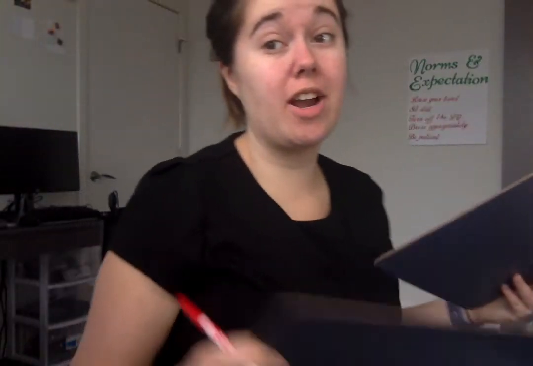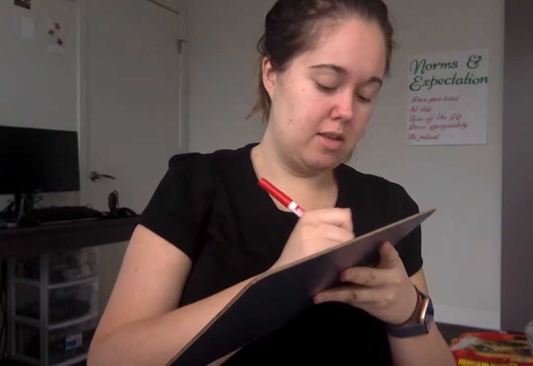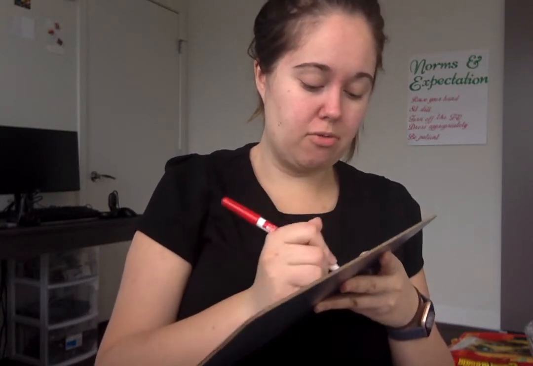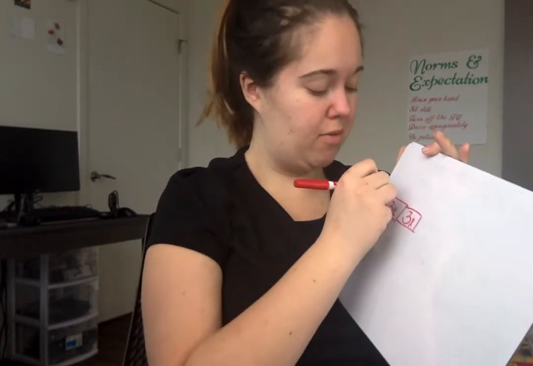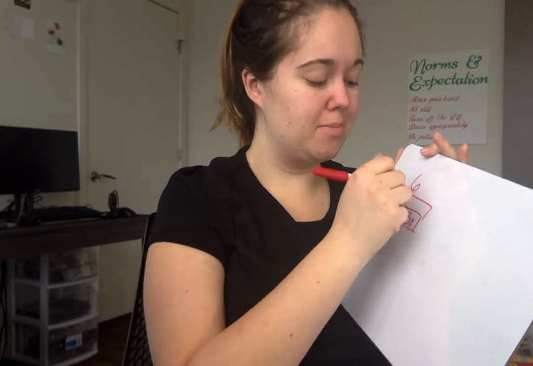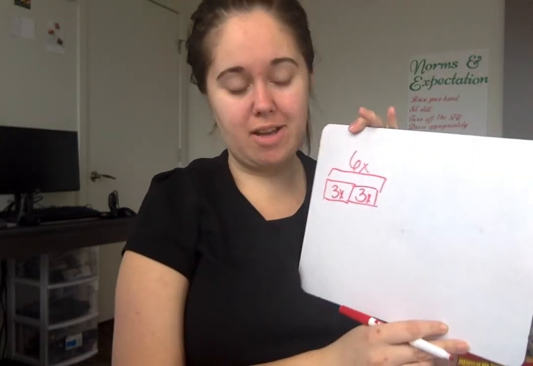Yep. Let's try combining all those x's and all those y's. So you end up with 3x and a 3x. Now I could write that as 3x plus 3x, but I think I'm going to write it the more simple way, which is 6x, right?